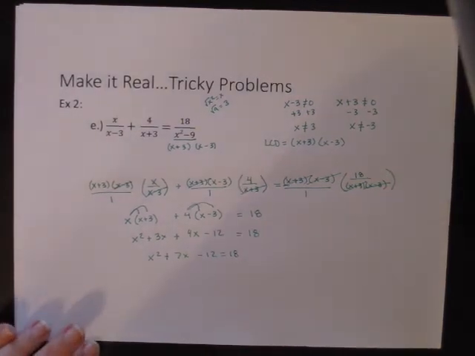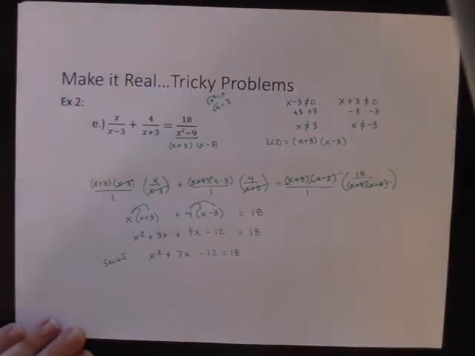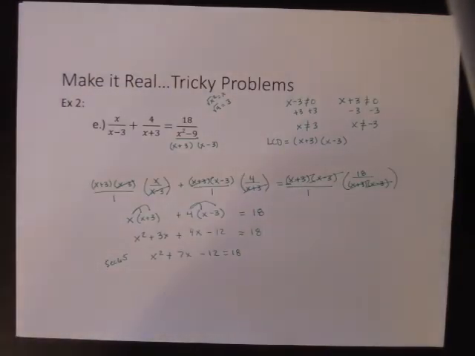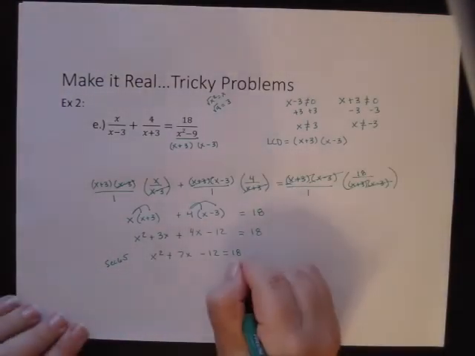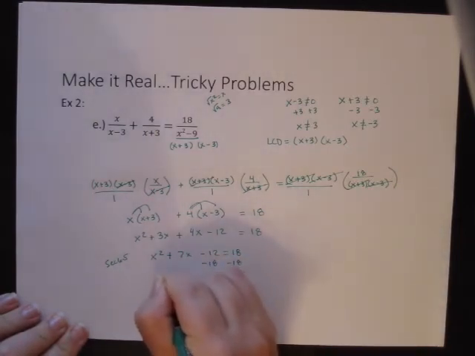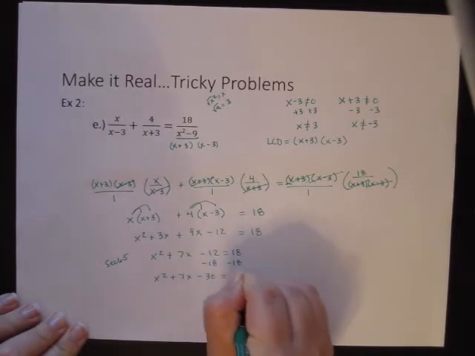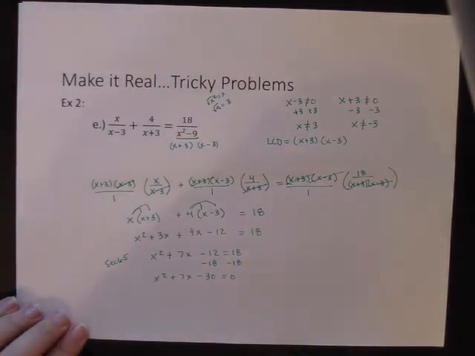Now this brings us back to section 6.5 where we have to solve, so we have to get one side equal to 0, so I'm going to subtract the 18 on both sides. So I get x squared plus 7x minus 30 equals 0. So now I can solve it.